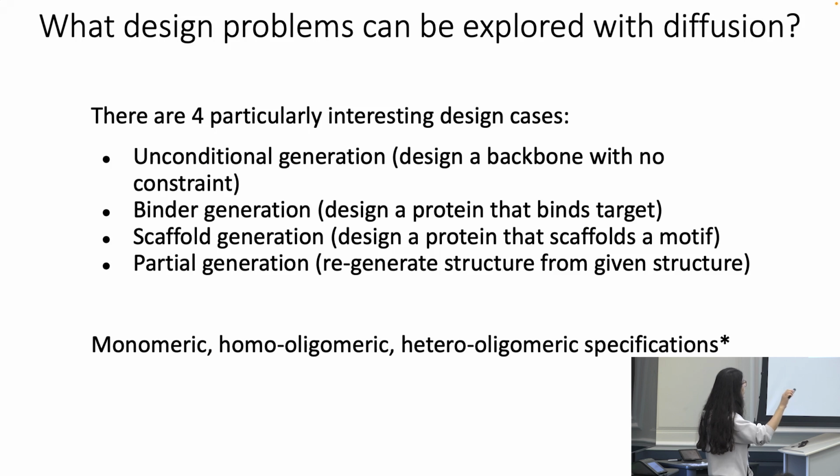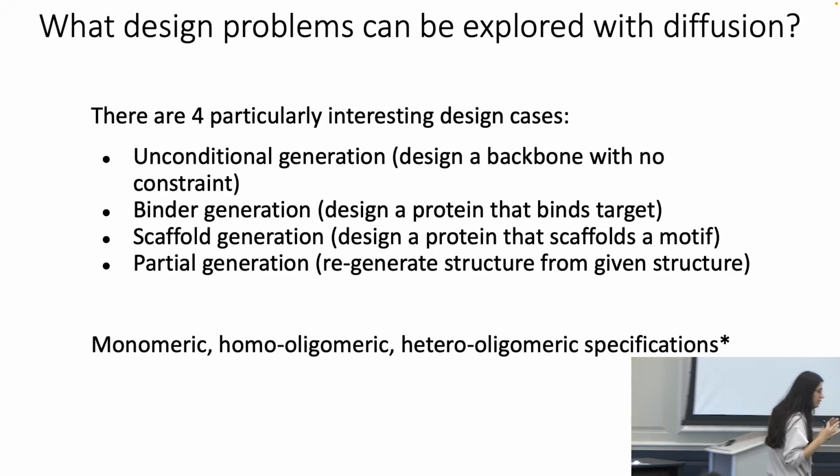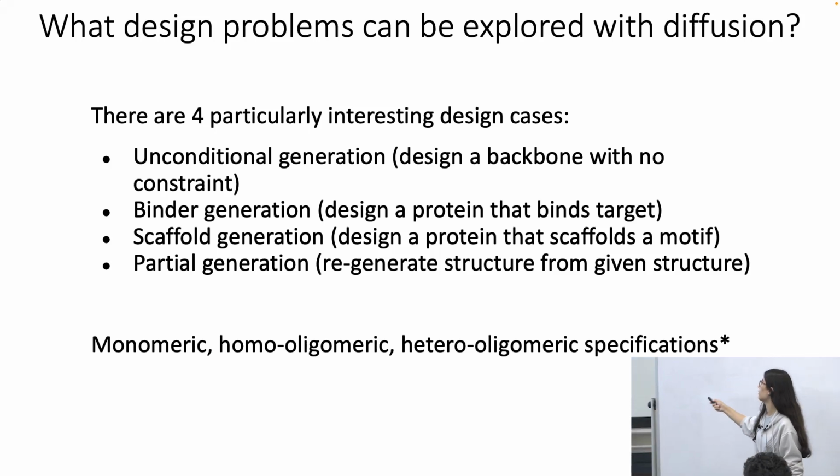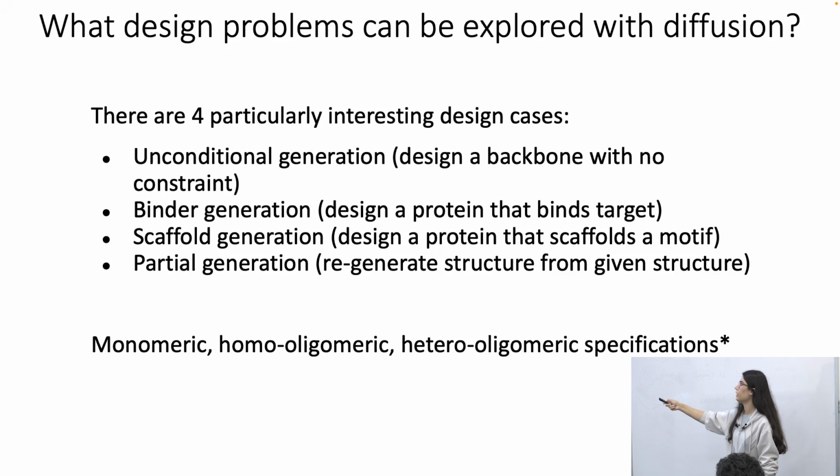And then in this 4th possibility, something really cool you can do with RF diffusion is partial generation. You give the full structure of your protein, and then you refine that structure. So you diffuse a little bit: you add some noise and then denoise, but it still looks relatively close to your given structure. So you do some modification. You can think of it as reconstruction, just like image reconstruction, you're reconstructing this protein.